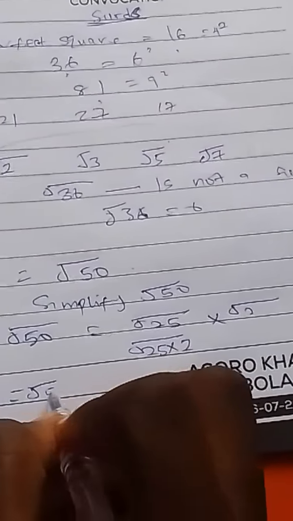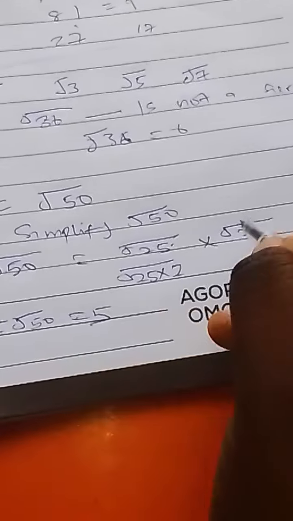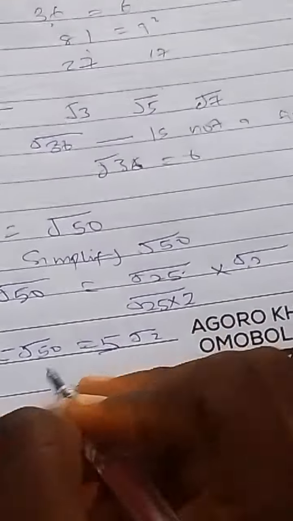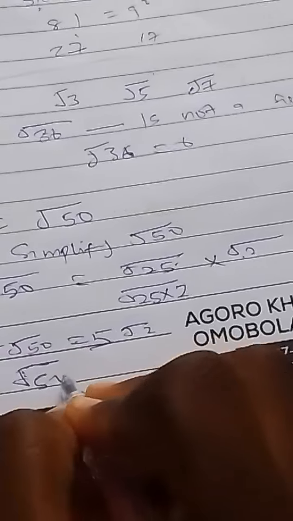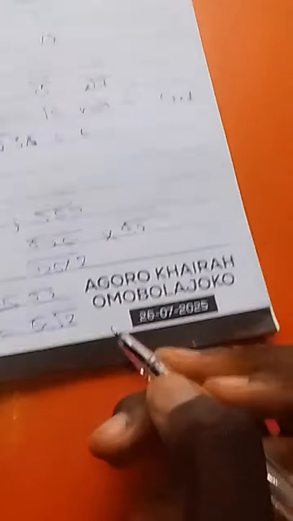So root 50 equals, what is root 25? That is 5. What is root 2? Root 2 is root 2. So root 50 is equal to 5 root 2.